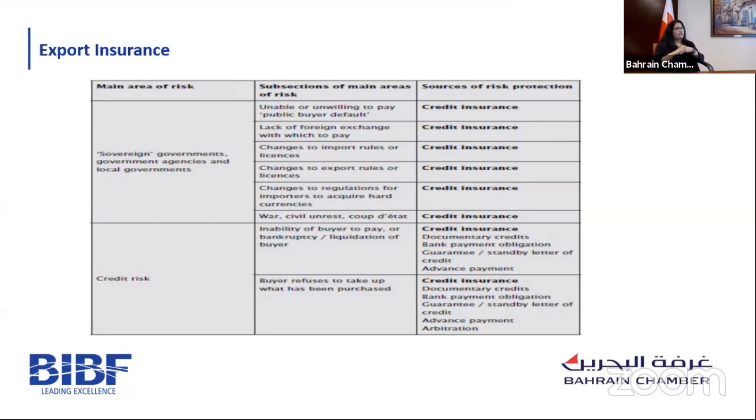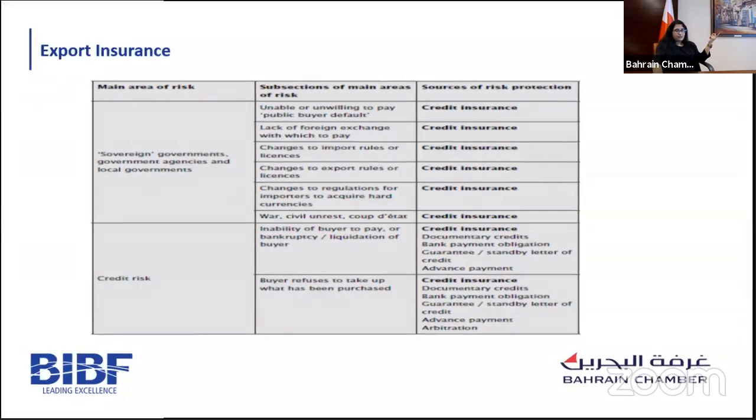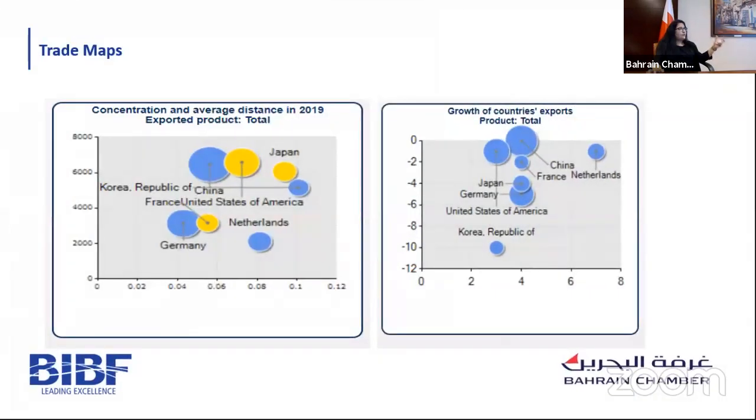Sometimes, after a while, the importer, or the importing country, says that we are repudiating. Repudiating means we are canceling the contract, though you have already completed your production. So there is insurance which covers such sovereign risks also. You need to understand which insurance is apt for you, and take appropriate policies.